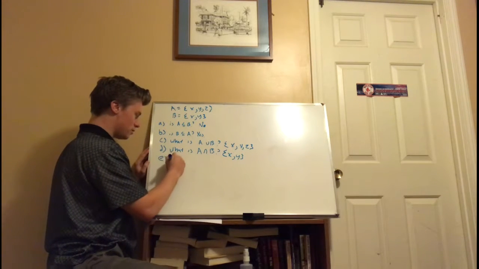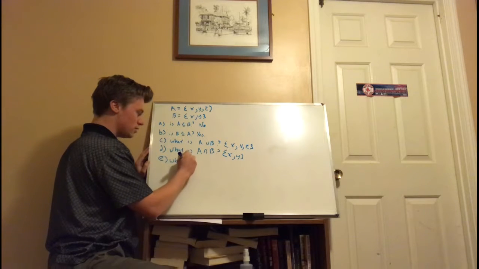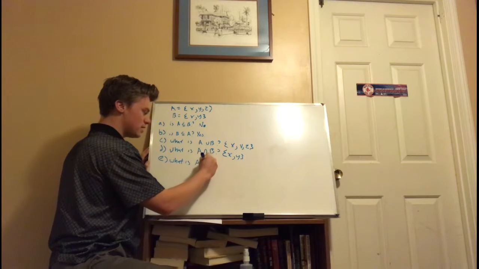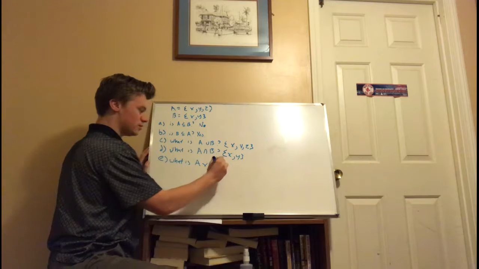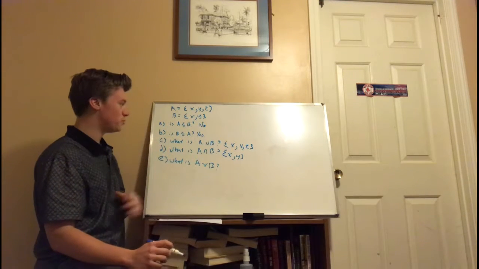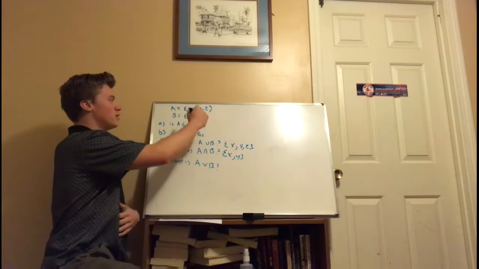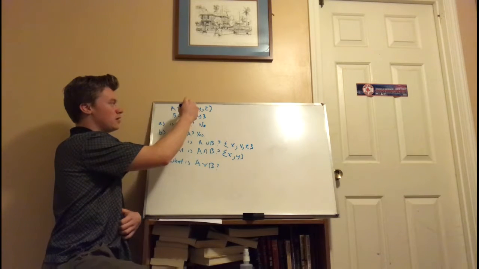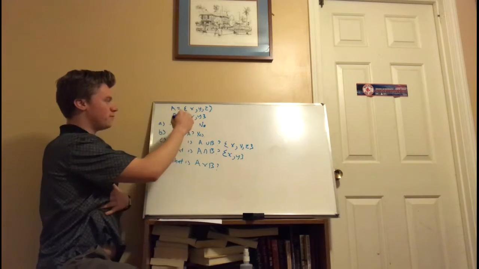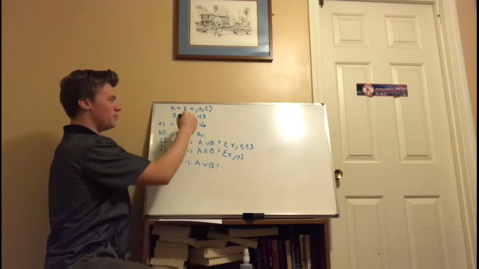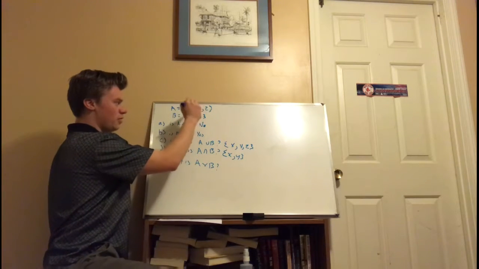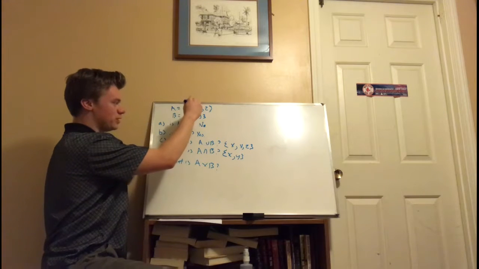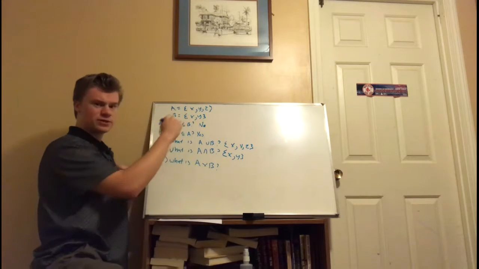E. What is A times B? So in order to do set multiplication, you take the first element of the first set and combine it with each element of the other set, and you do the same with the second.